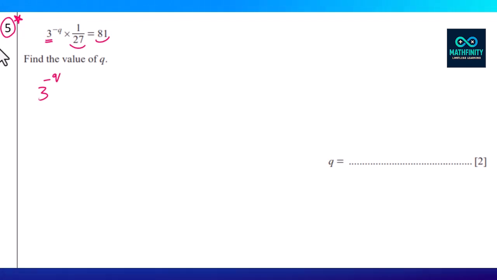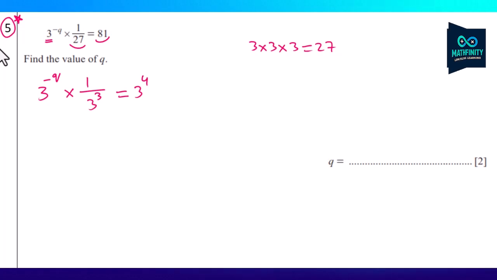Like on the left side, we cannot do anything with this 3, but 27 we can write as 3 times 3, 9 times 3, 27. So it means 27 we can write 3 power 3, and 81 we can write 3 power 4. Now we converted all the bases to the same base.